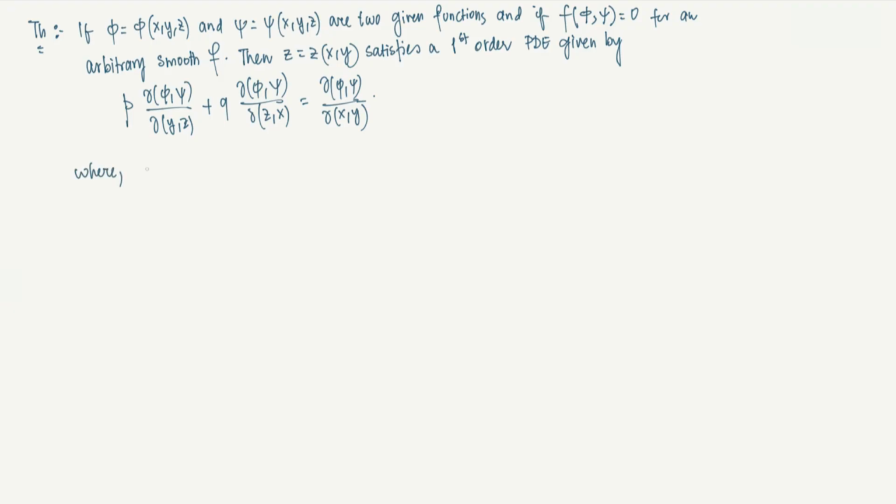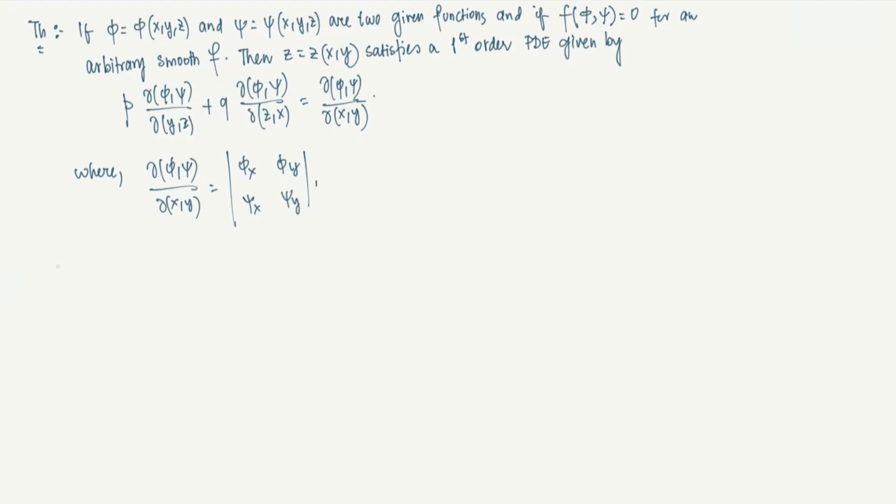This notation del of (phi, psi) by del of (x, y) means the determinant with rows phi x, phi y, and psi x, psi y.